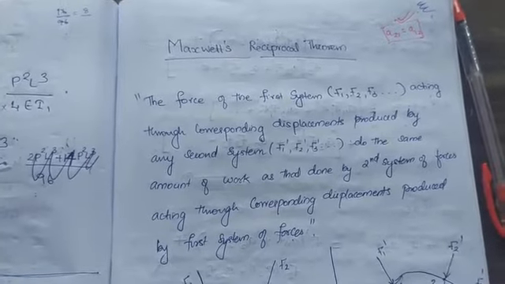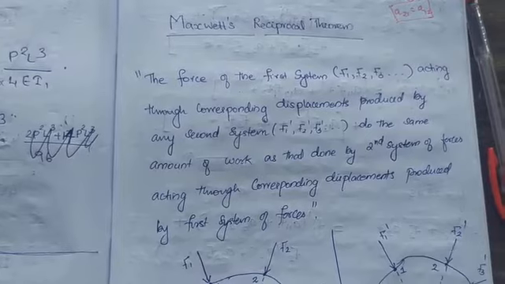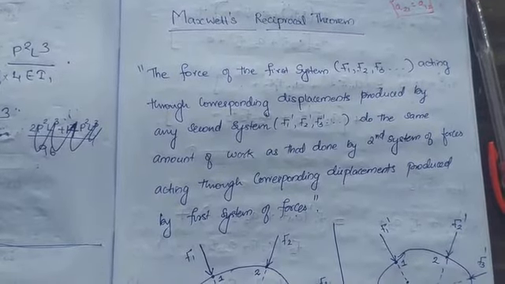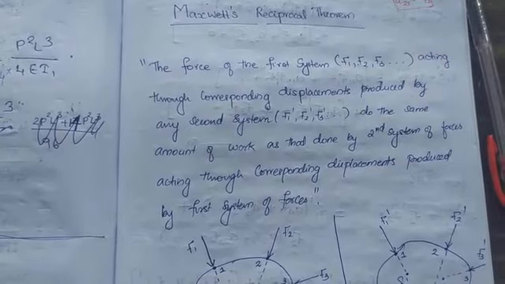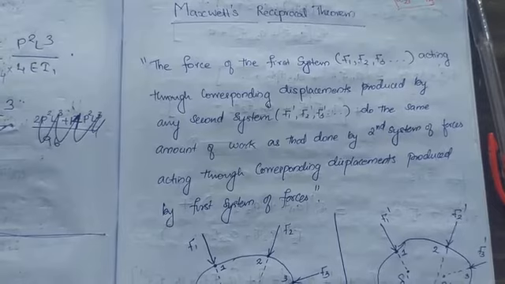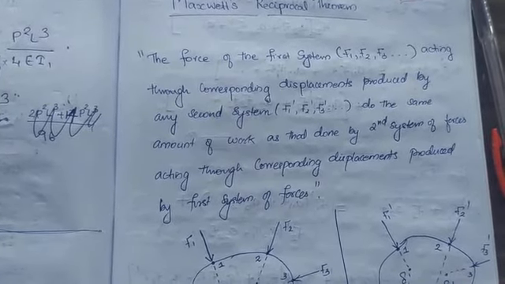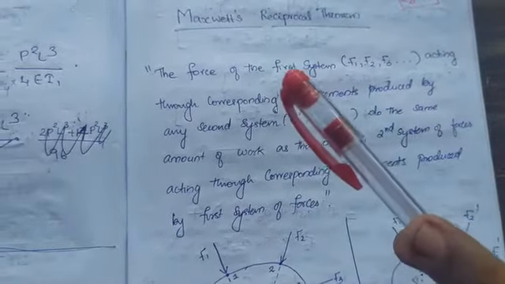So what Maxwell's reciprocal theorem states is that the forces of the first system, acting through the corresponding displacements produced by any second system, do the same amount of work as that done by the second system of forces acting through the corresponding displacements produced by the first system of forces. In this case you have two systems of forces.